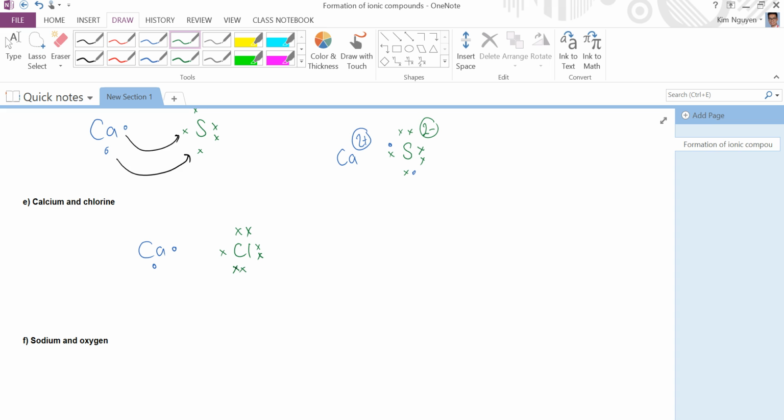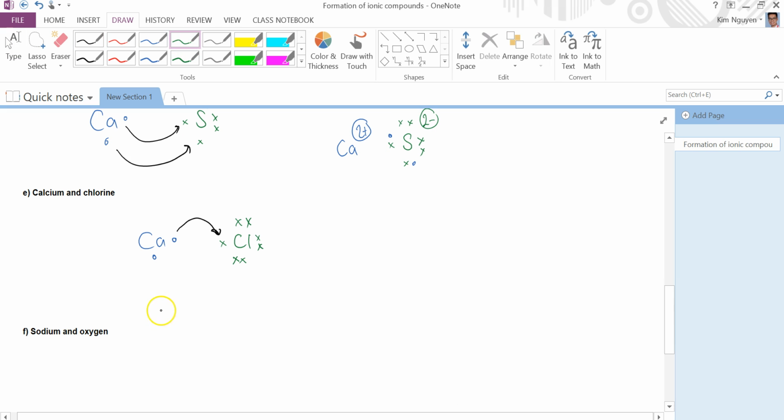Calcium can give 2. Now calcium can't give both of its electrons to a single chlorine atom. It can only give 1 to a single chlorine atom. And if it transfers 1 electron, it would be left with 1 still. But that can easily be fixed by having another chlorine atom available to receive the other electron.